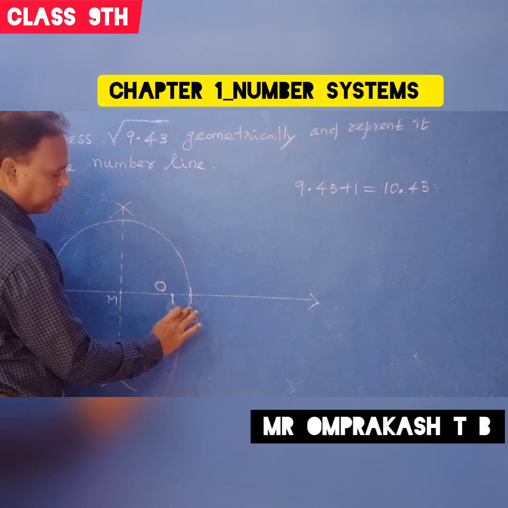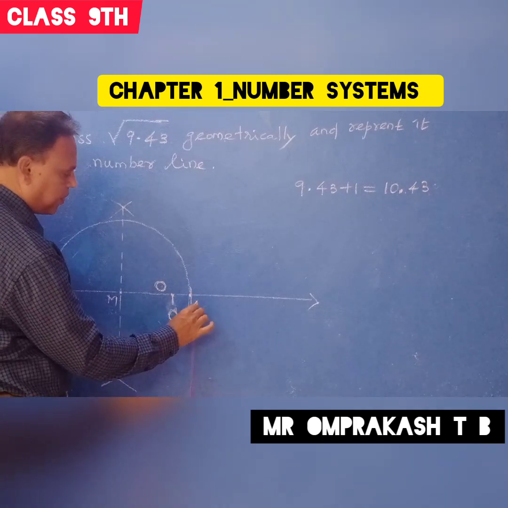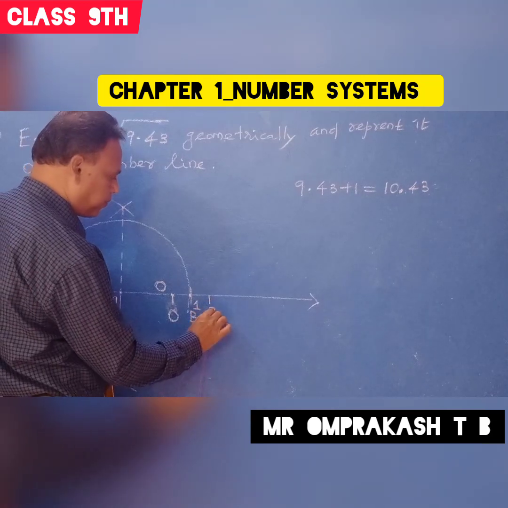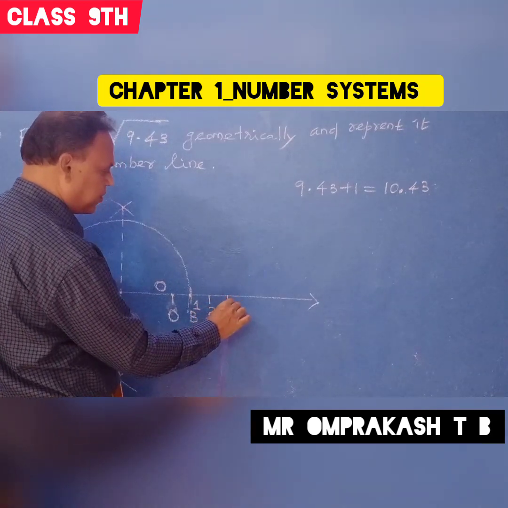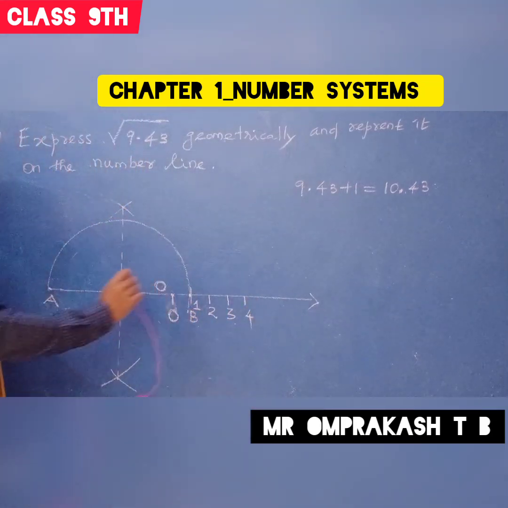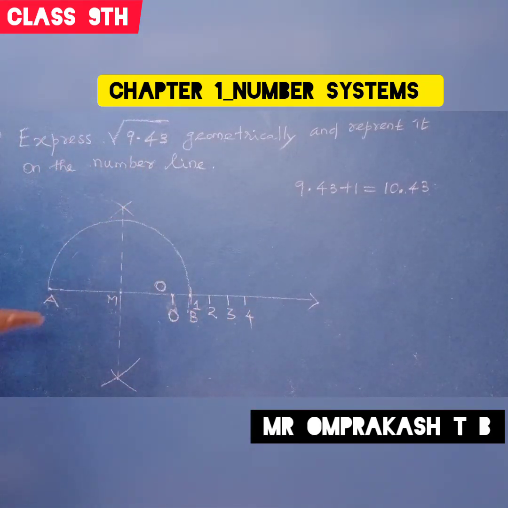So this B point is 1. Next 1 centimeter you take, that is 2. Next, that is 3, next, that is 4. Like this you take, and you will get the number line.